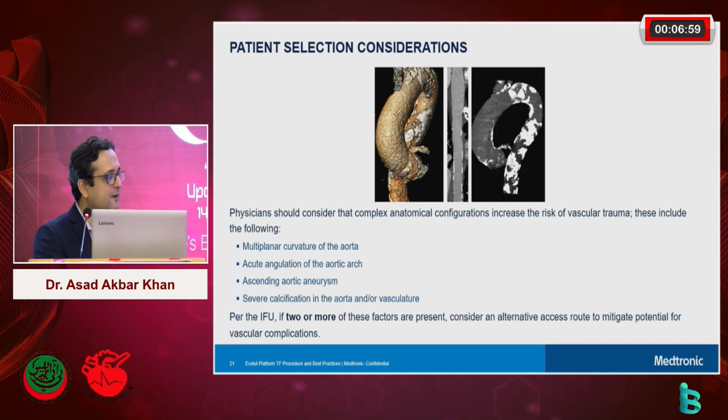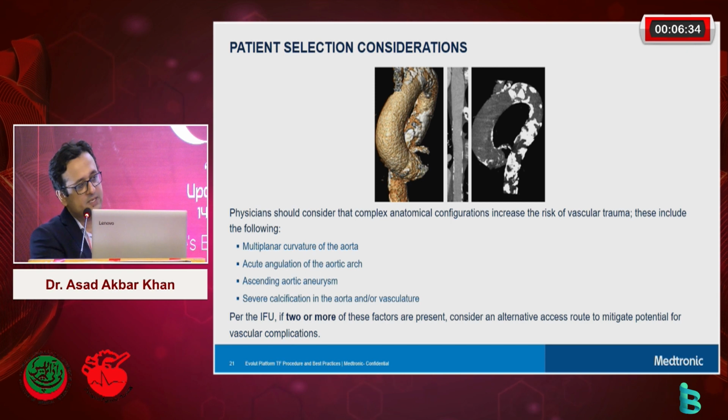When you are selecting a patient, as I said, in 70% of the cases it is about understanding how the CT looks. You need to understand the aorta, again an amazing talk given before me by the master Dr. Anjum Jalal Saab, talking about the aorta. From what we know in terms of aortic orientation, it's a 3D structure, as he said, and it has 3 curves in it.